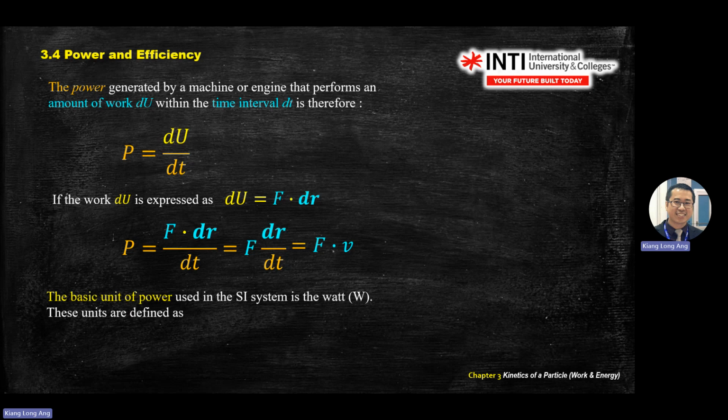So power has two equations: power equals dU/dt, or you can use force multiplied by velocity. The unit will be Newton meter per second. Newton meter also equals energy, or joule.